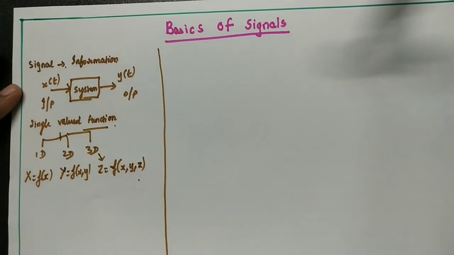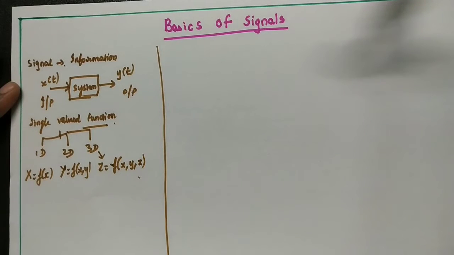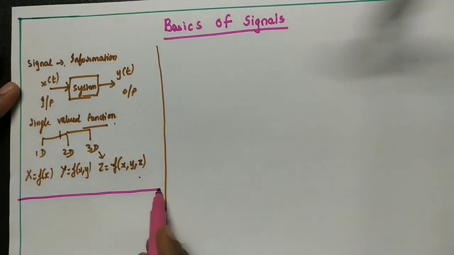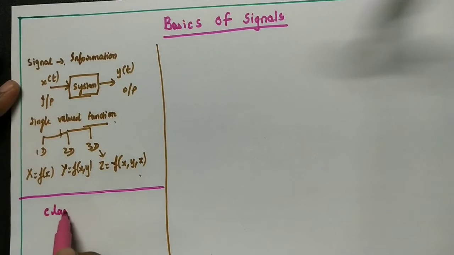Now let me discuss some basic operations on signals. First, the representation of continuous time and discrete time signals, and the classification of signals.